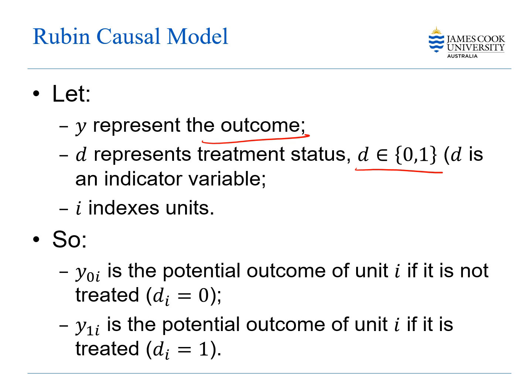The subscript i will index units. So Y0i is the potential outcome of unit i if it is not treated, if it has a treatment status Di equal to 0. Y1i is the potential outcome of unit i if it is treated. These are the two potential outcomes.